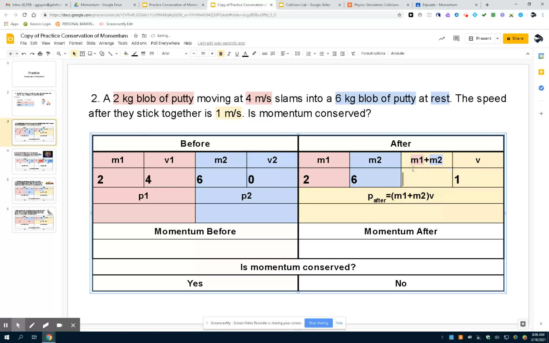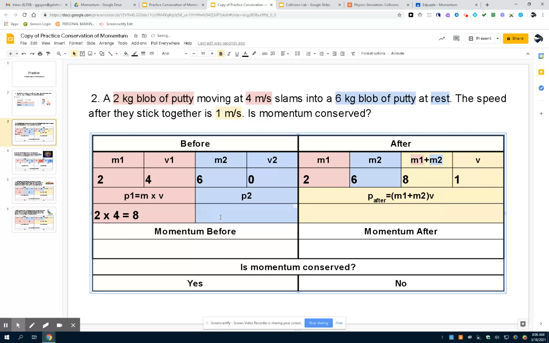For this box, it's saying M1 plus M2. So you're just taking 2 plus 6 equals 8. So to find the momentums, momentum is always going to be mass times velocity. So I'll type that in here. It equals m times v. In this case, we're going to take our 2 times our 4, which equals 8.